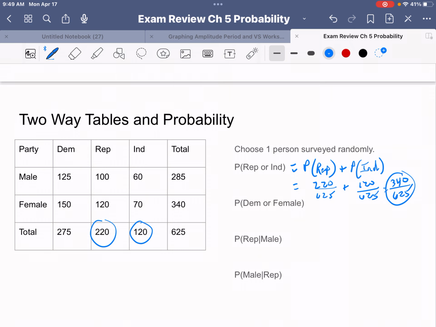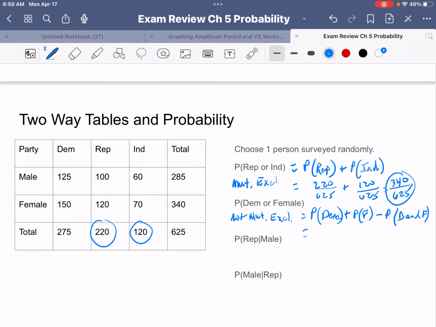What is the probability that a person is a Democrat or a female? Well, you'll notice that these things are not mutually exclusive. So this time we have to say this is equal to P of Democrat plus P of female minus the probability of Democrat and female.